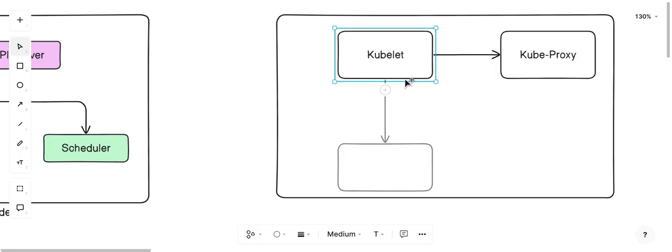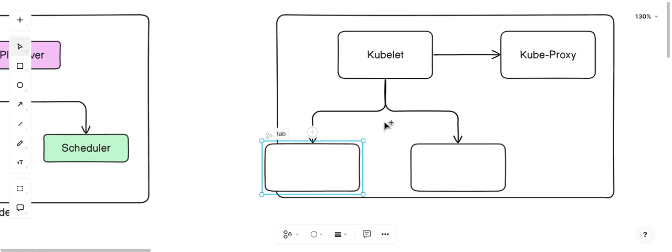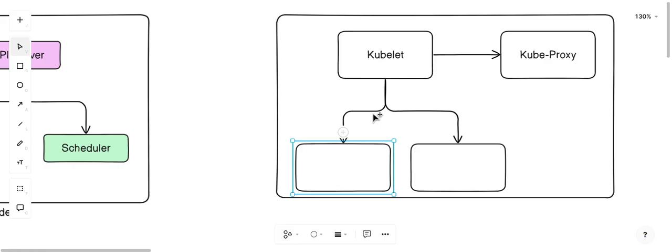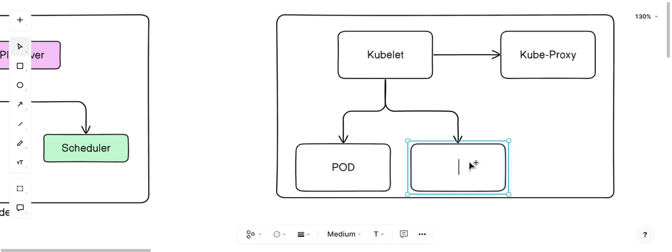Now kubelet will again have two different components. Let's put them inside a box. So this is called a pod. This is also a pod.